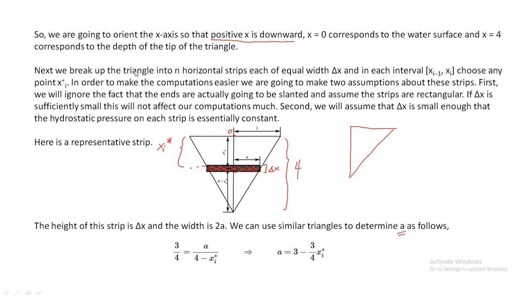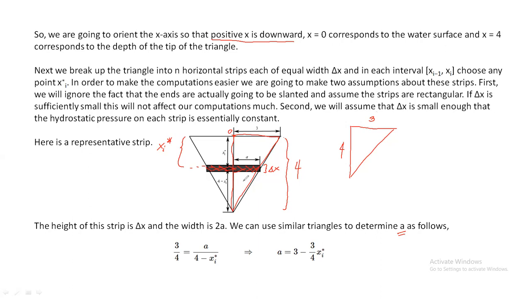So the triangle that I have drawn is this one whole thing. This is b as drawn here. It's not mentioned in the problem, that is why I was not able to get it at the start. And we have here 4.